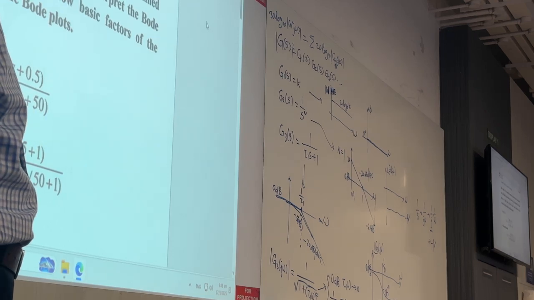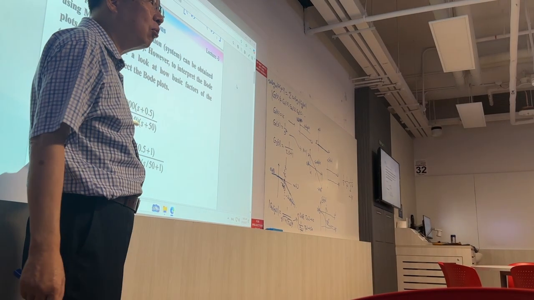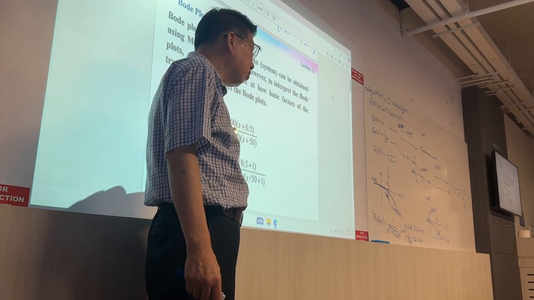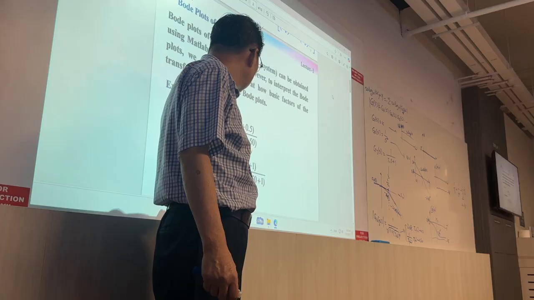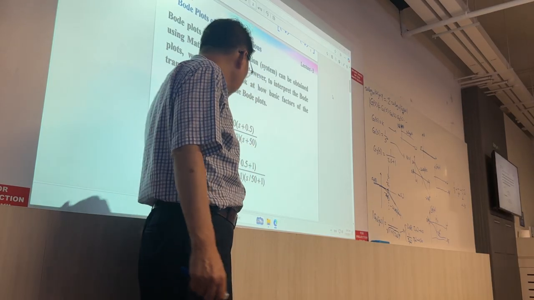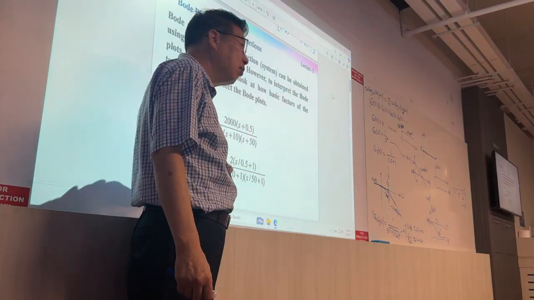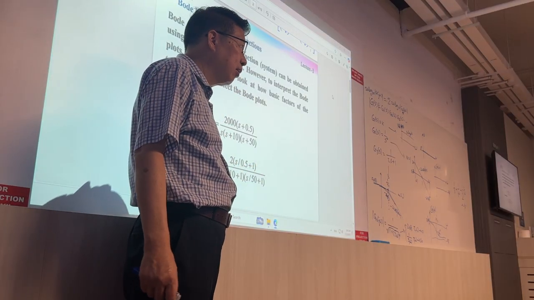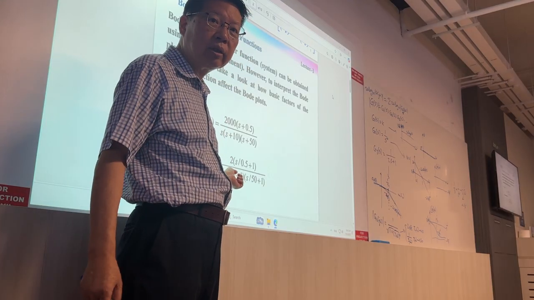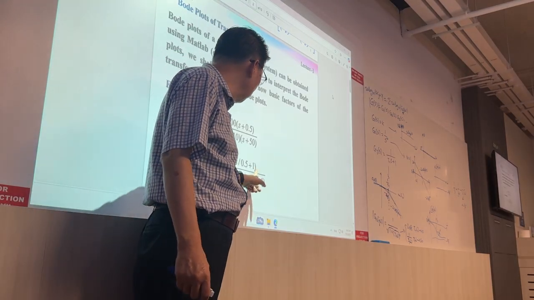So the K we refer to there is not 2000. You have to pull the 0.2 out, the 10 out, and the 50 out. Then you get this new expression. So this is called a normalized transfer function. All these constants will be 1.